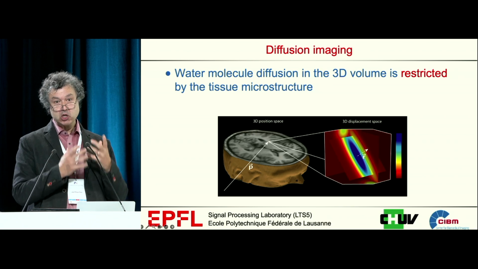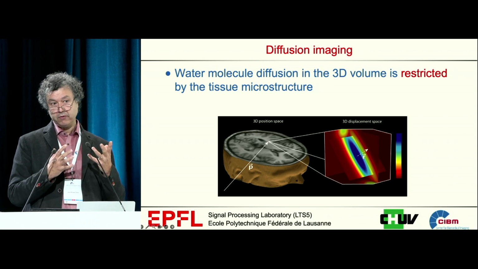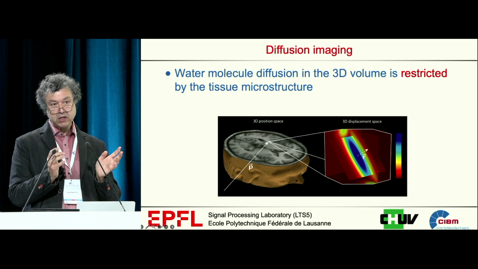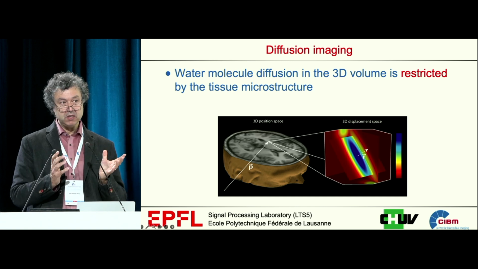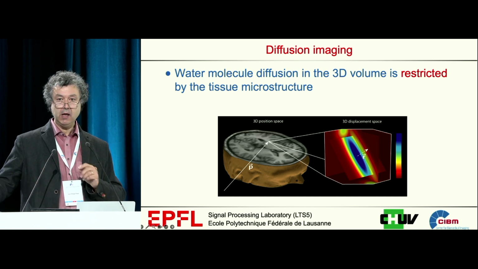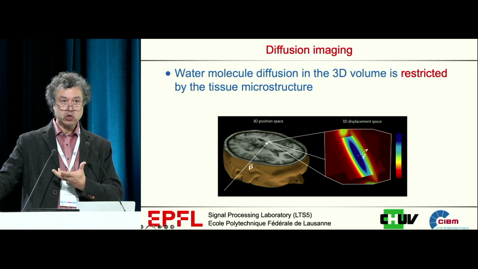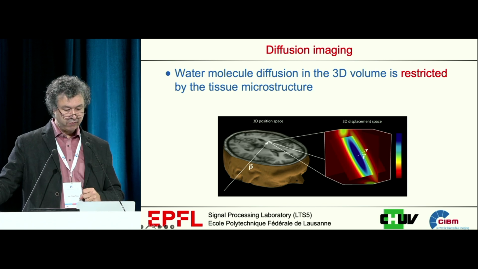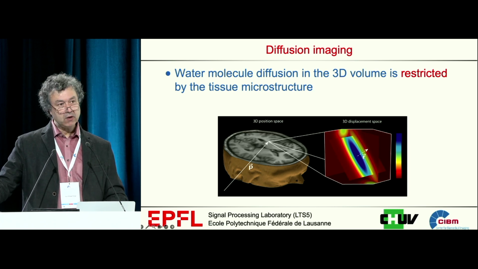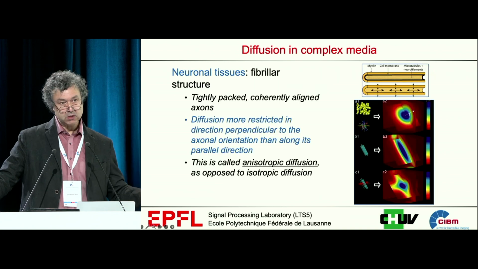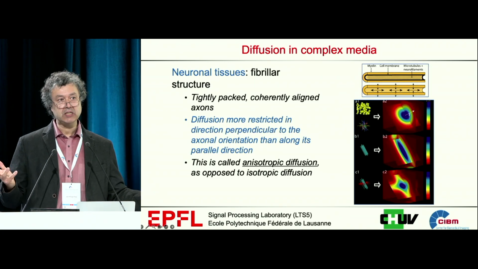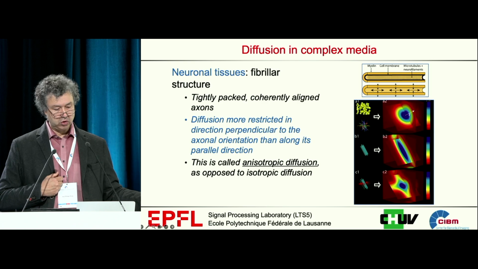We try to measure this ability of the water molecules to diffuse in distance and in directions at every point of a medium, typically white matter here, to really learn more about the structure that restricts this diffusion. Indeed, the white matter has been one of the very first targets for this research because it is highly restricting the diffusion of the water molecules.